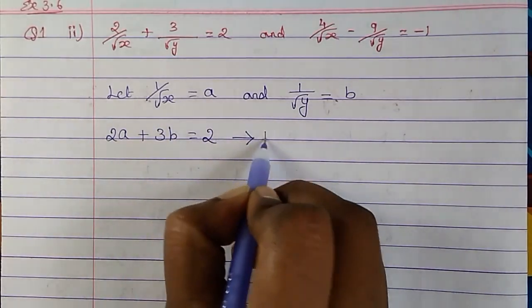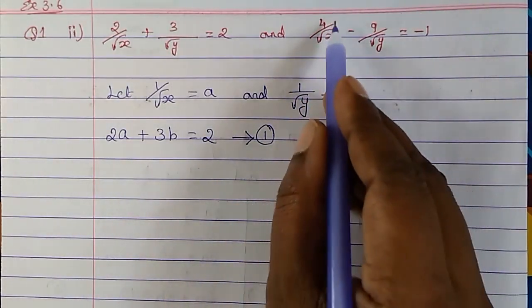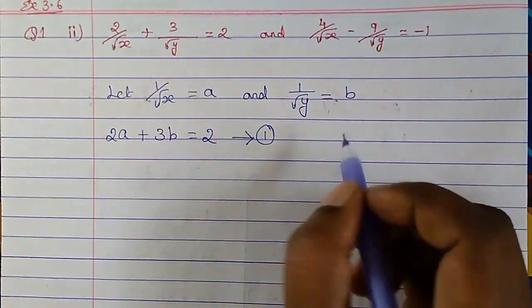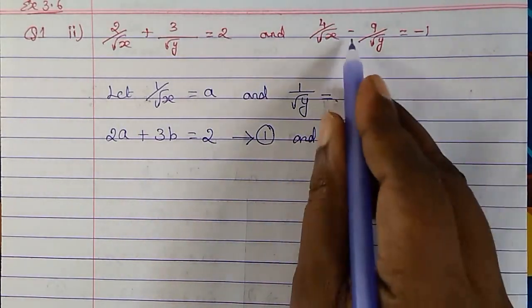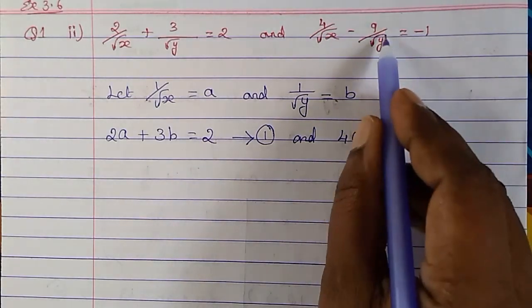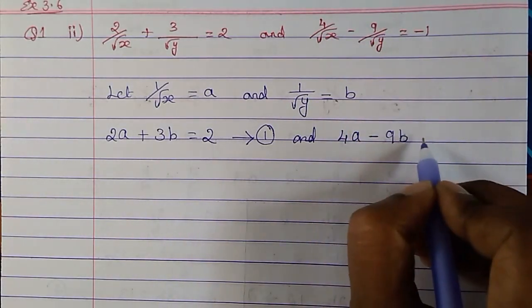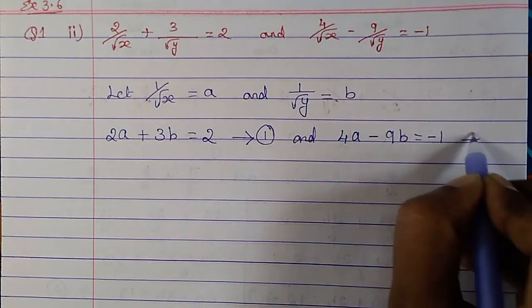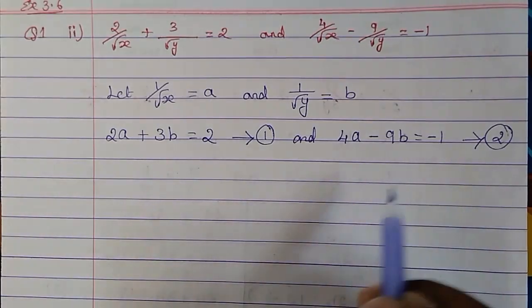This becomes our equation 1. Same way, 1 upon root x becomes a, so we will get 4a minus 9b equal to minus 1, where 1 upon root y becomes b. This becomes equation 2. Now this has become a simple equation.